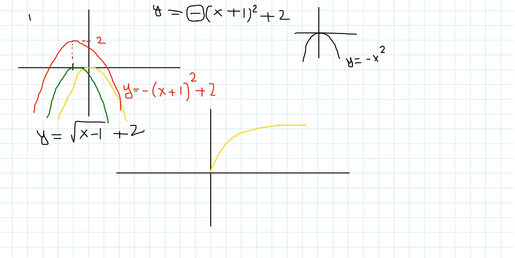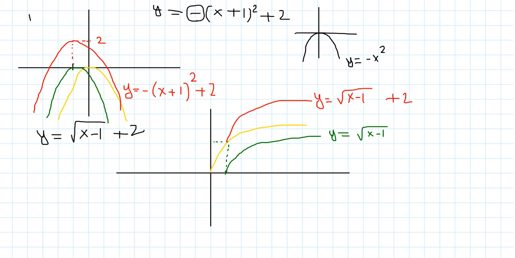So I go here and draw. So it is y equals radical (x minus 1), and on the y axis I have a shift of positive 2. It means it should come here and draw. So it is my final graph, y equals radical (x minus 1) plus 2.